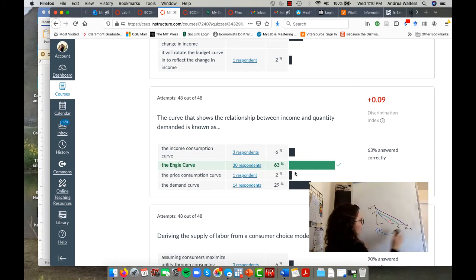So if we take away the purple part and we just change the price of pizza a bunch of different times, now we can lower the price of pizza and raise the price of pizza. That's going to give us different bundles of pizza.